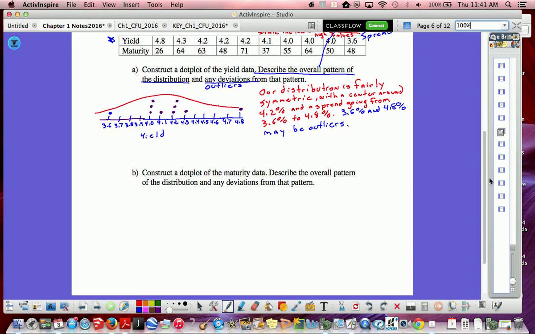What makes this a little more challenging? It's not in order. So we actually have to eyeball it and say, all right, what's our lowest value up here? 26. What's our highest? 71.